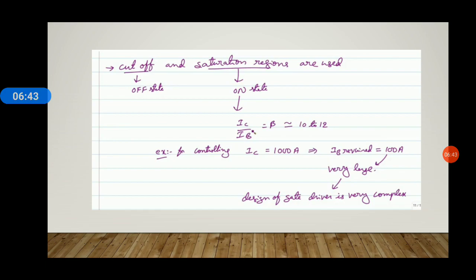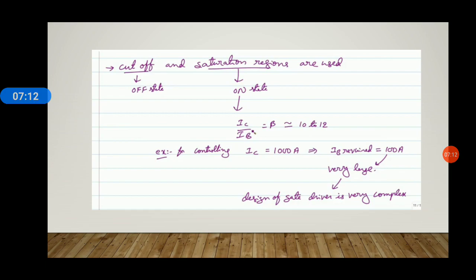Now for a low power BJT also we know that IC by IB is the beta, where beta is approximately equal to 10 to 12. If this is the case, then for controlling a collector current of say 1000 amperes, the IB required will be 100 amps, because IC by IB is beta, which is say approximately 10.